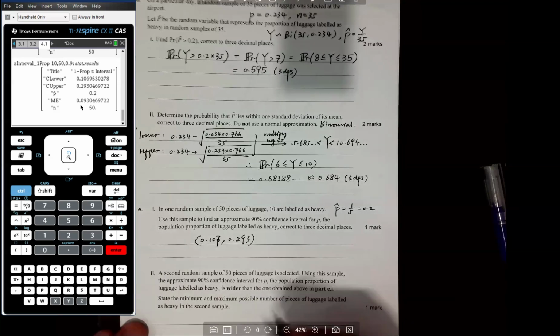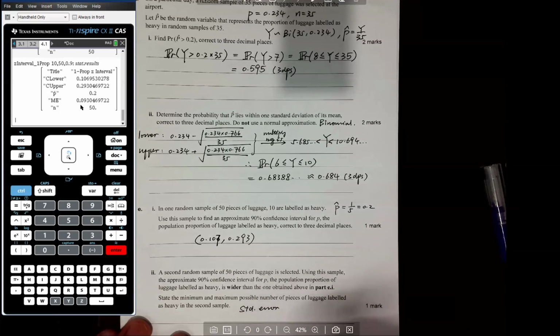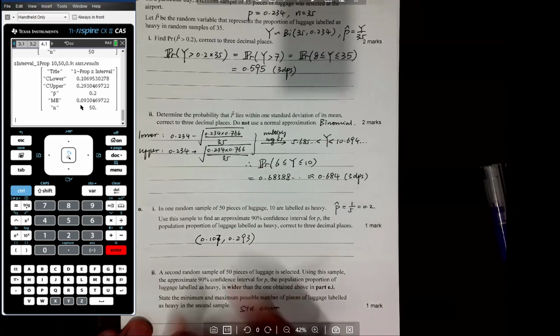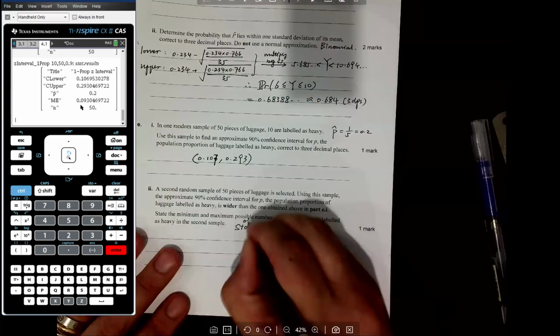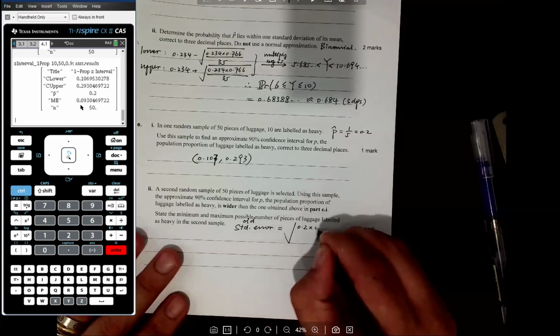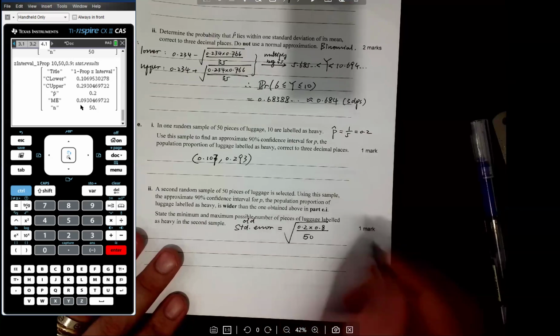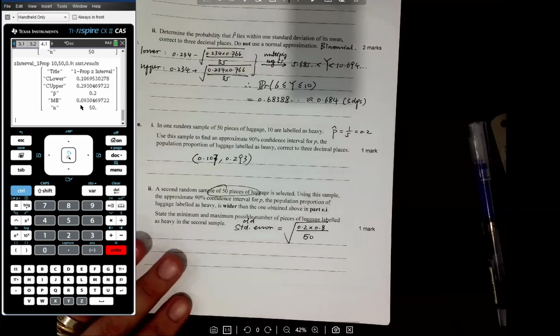So the standard error must be wider than the previous one. What I'm saying is the old standard error is equal to the square root of 0.2 times 0.8 divided by 50, right?